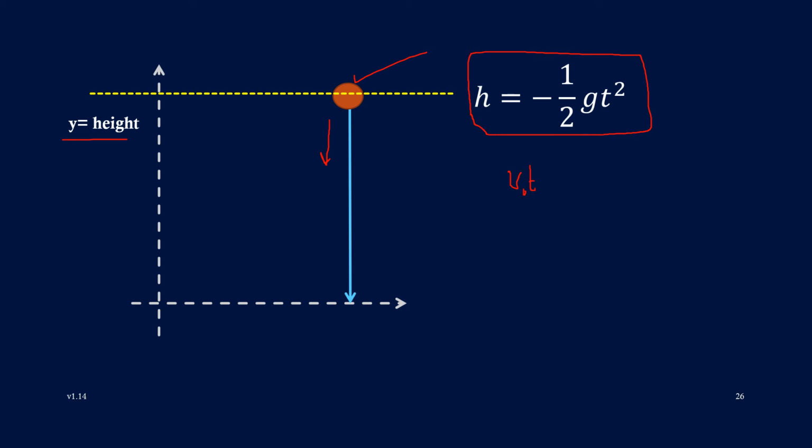We have an initial velocity of 0, so we don't need that term. So we have this term right here. If you know the height, you can find the time. If you know the time, you can find the height. And g is equal to negative 9.8 meters per second squared. Always a negative.